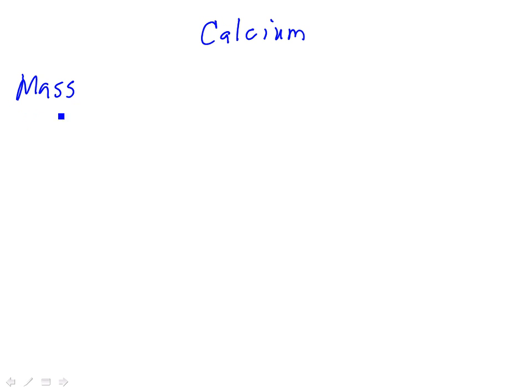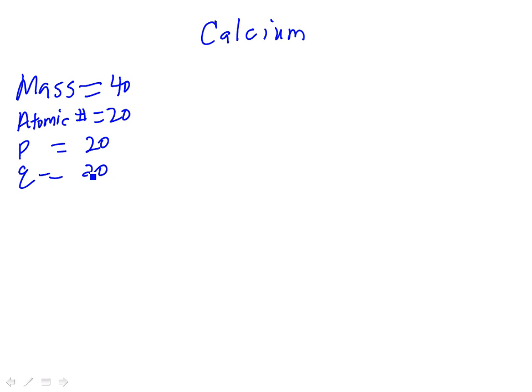The mass is equal to 40. The atomic number is equal to 20. So therefore we know the number of protons and we know the number of electrons. So the protons is equal to 20. The number of electrons is equal to 20.